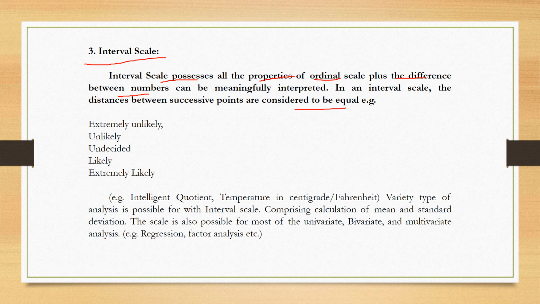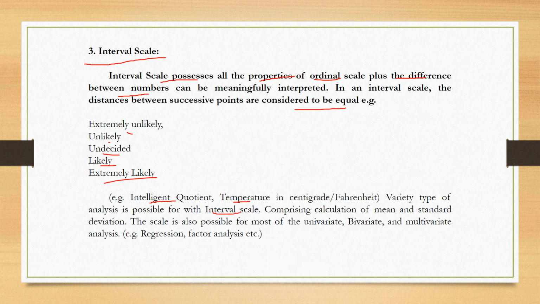For example, extremely unlikely, unlikely, undecided, likely, extremely likely. Other examples are intelligence quotient and temperature in centigrade or Fahrenheit.